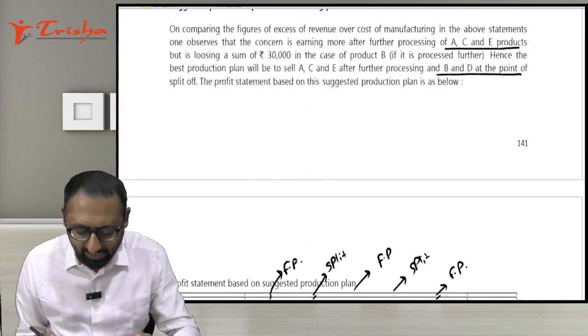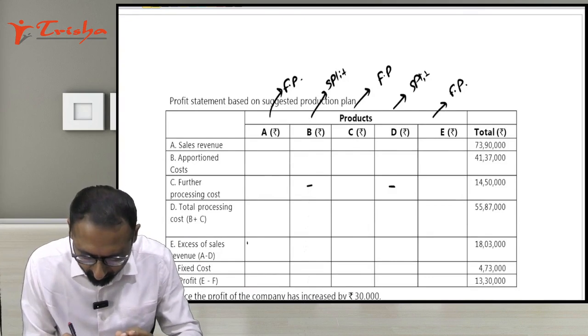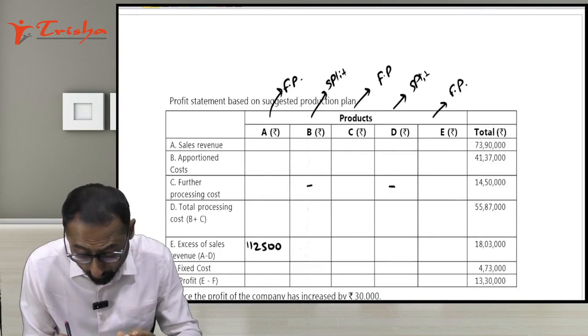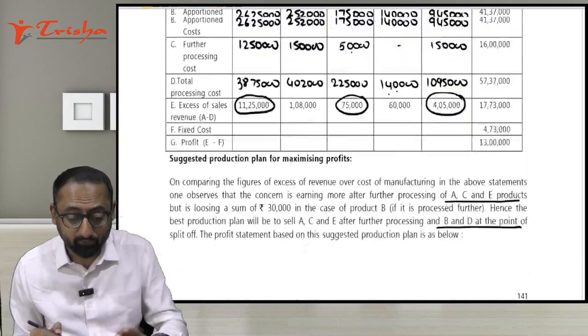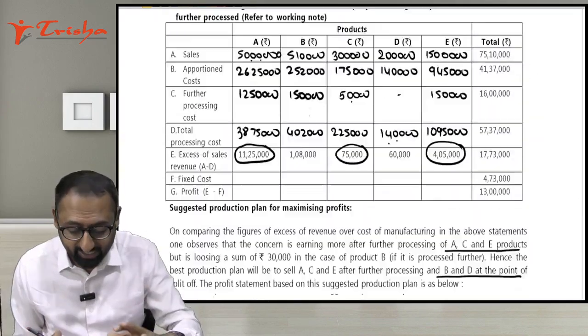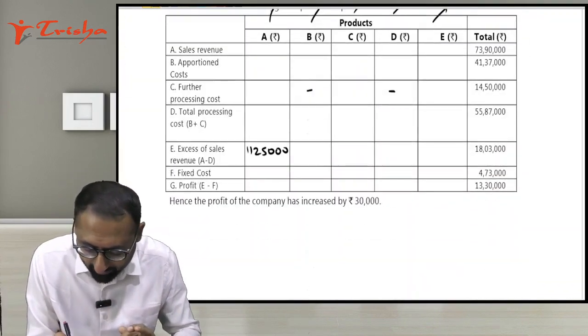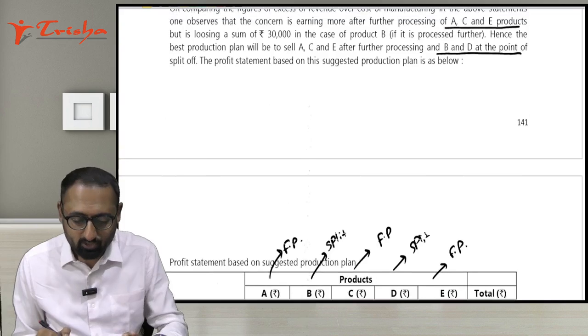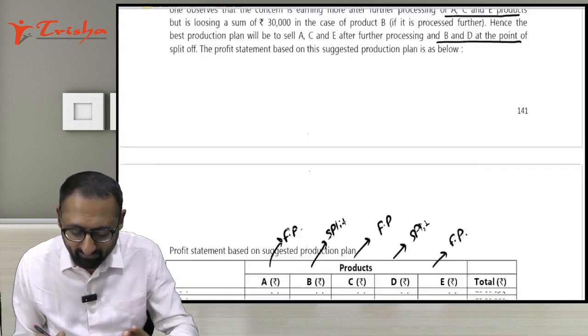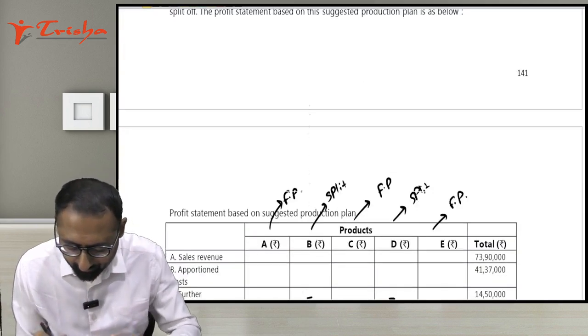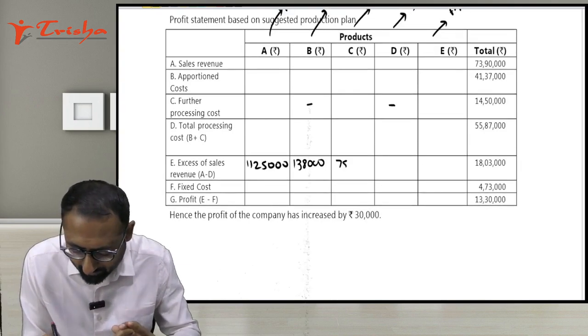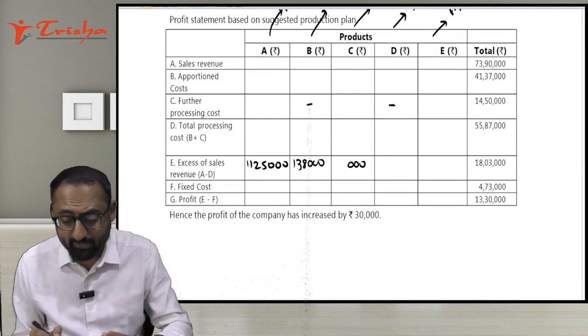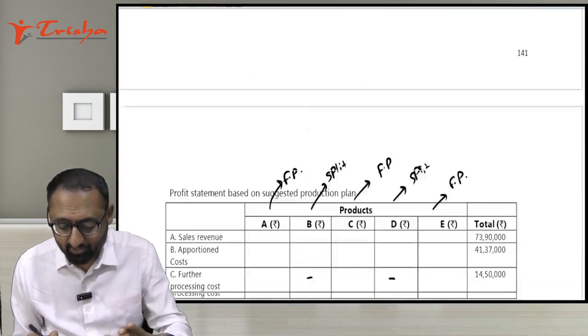A is 11,25,000. Now B should be sold at split off, so the split off profit is 1,38,000. Now C should be further processed, so the further process profit will be 75,000. D should be sold at the split off. Split off profit is 60,000.